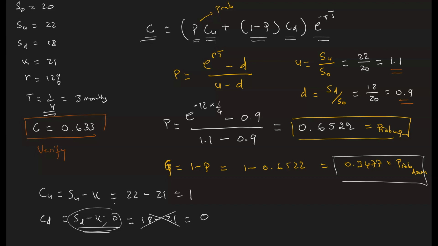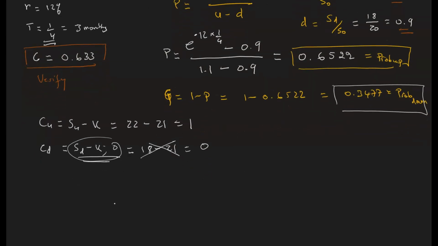And this is the same that we had earlier. So our call option value is going to be equal to probability up, 0.6522, multiplied by call up, which is 1, plus probability down, 0.3477, the probability that the stock price decreases, multiplied again by call down, which is 0. I'm going to use a different color here just to make sure that we see clearly.